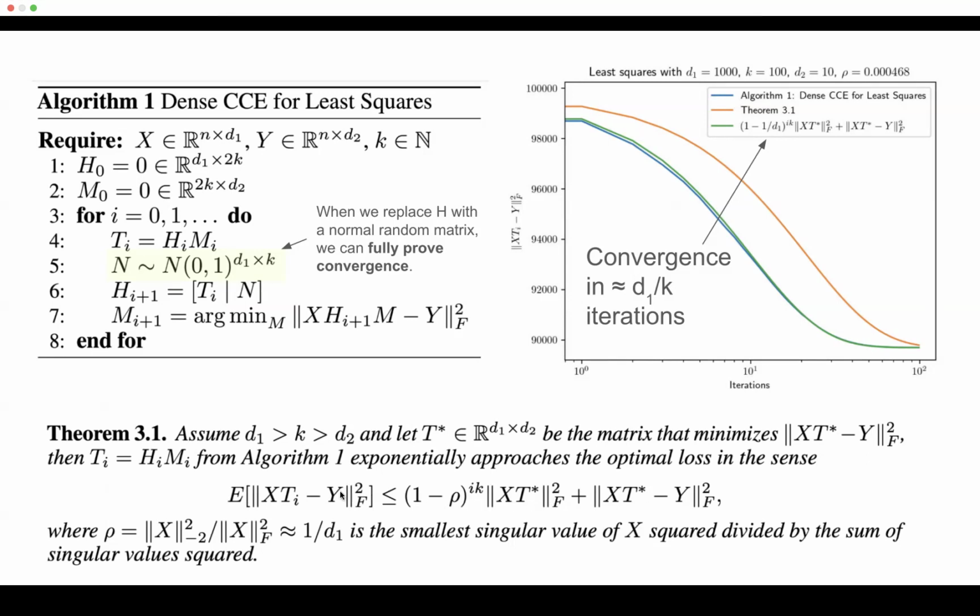In this sum, it says the expected loss after I steps is a value that decreases exponentially in I, plus the loss of the optimal solution. And when we actually ran this dense version of the algorithm, we could also see that it converged really fast. In the plot on the right, you see that the theorem was actually even a little bit too conservative.